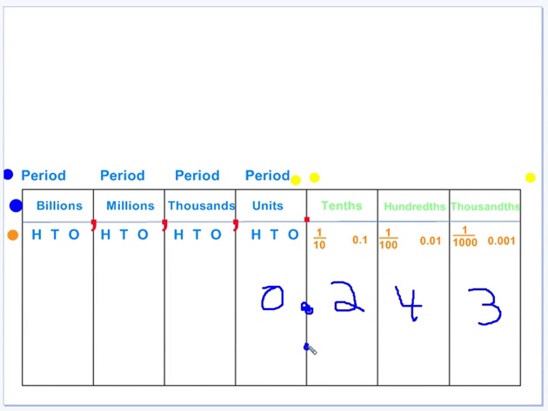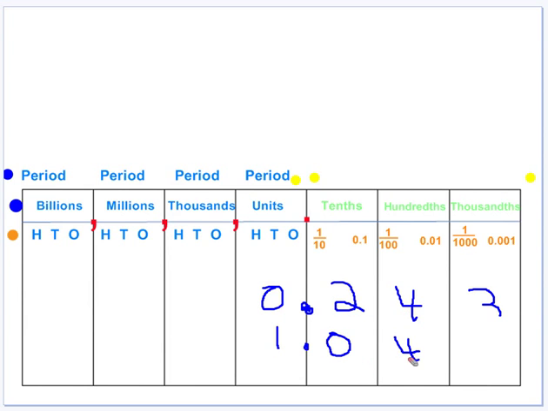We could also call it, let's say we have this number, 1 and, so this would be read as 1 and 41 thousandths. Okay. Let's say we get rid of our 1. I would read that as 4 hundredths.